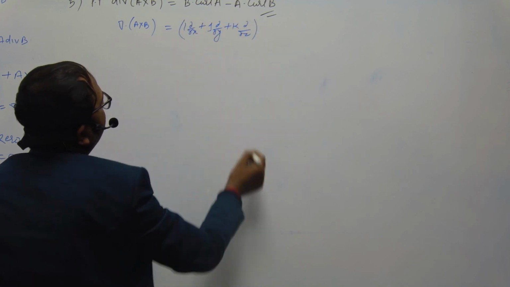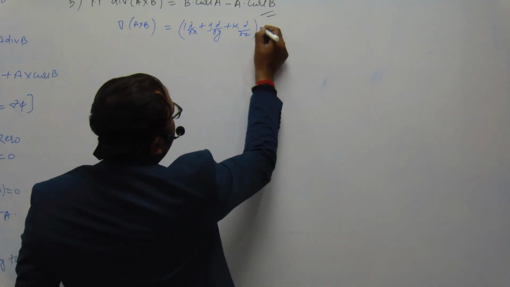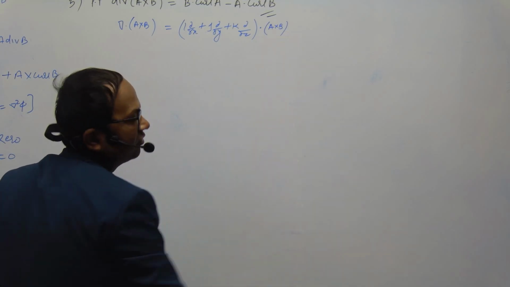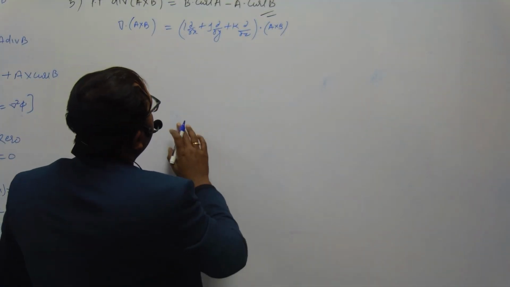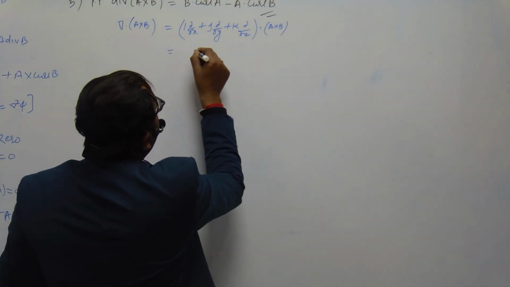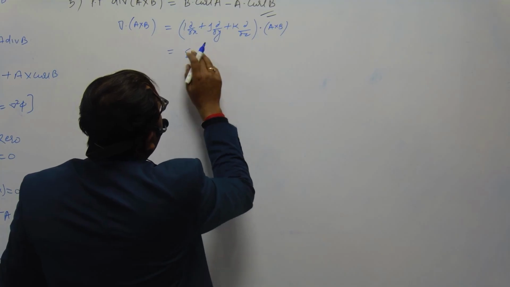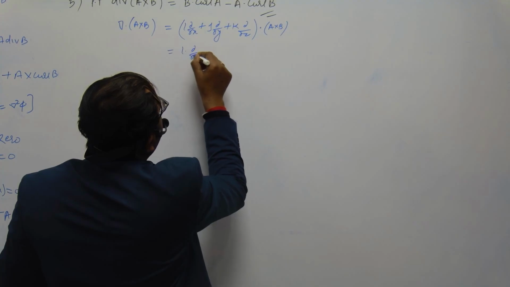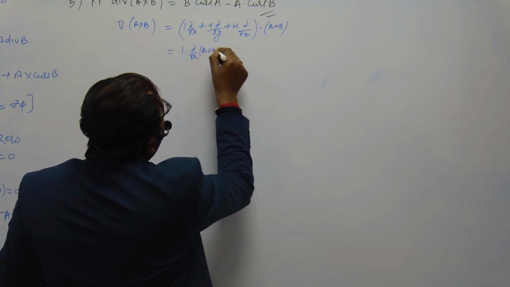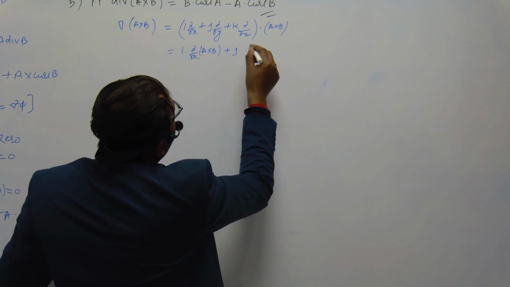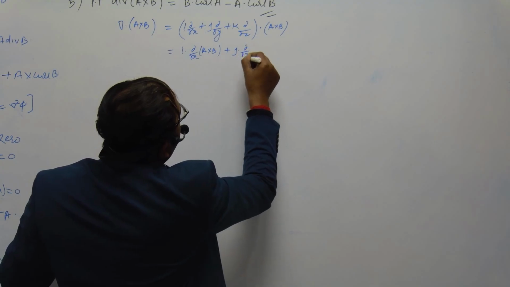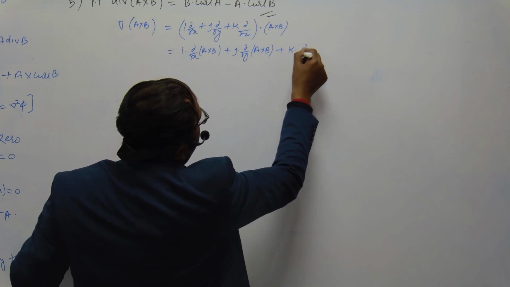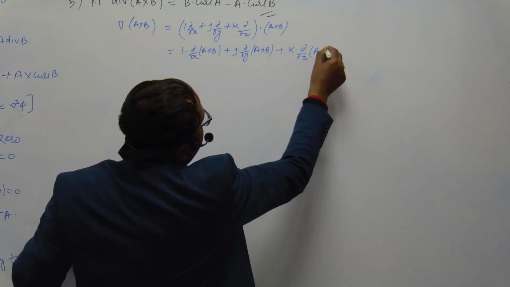This is the vector differential operator, and the dot product with this is A cross B. Let us write one step further. This is i dot del upon del x of A cross B plus j dot del upon del y of A cross B plus k dot del upon del z of A cross B.